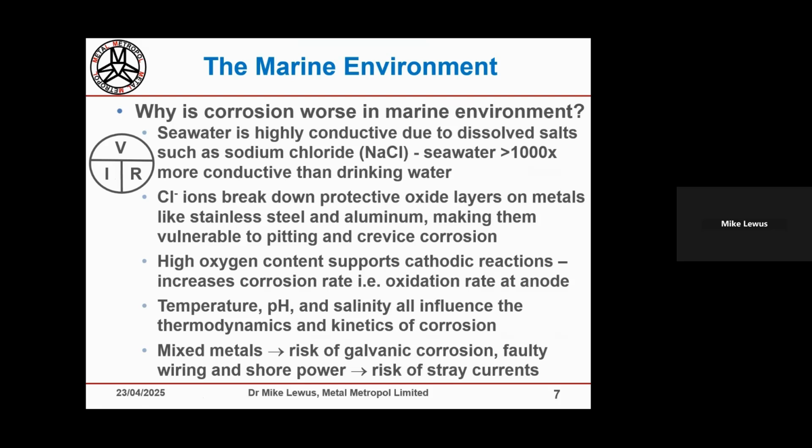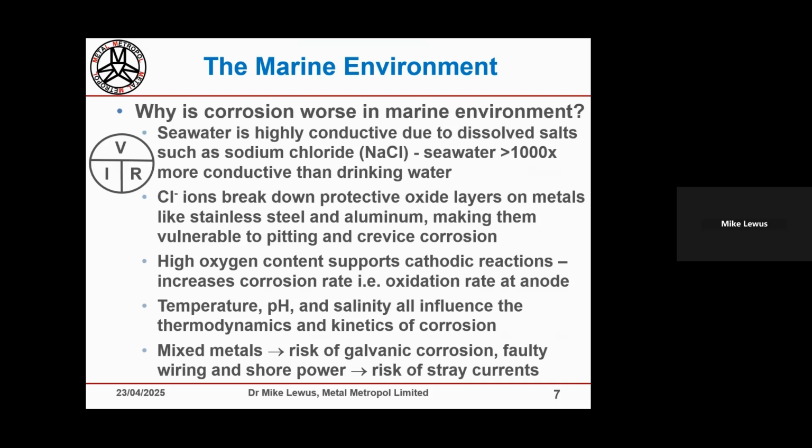So the other aspect of seawater that makes it particularly aggressive is chloride ions. I mean, chloride ions are strongly electronegative, which means they'll destabilize protective oxide layers on some of our favored metals, whether it's 5000 series aluminium alloys or stainless steels or other metals, certain bronzes, copper alloys.